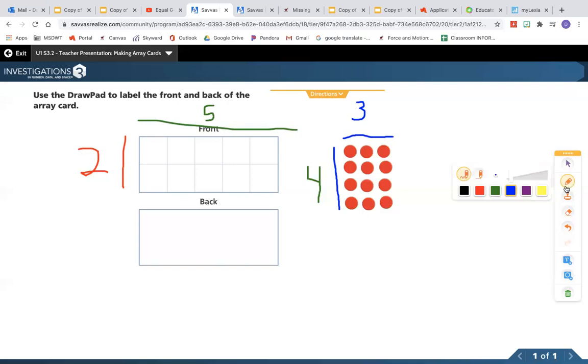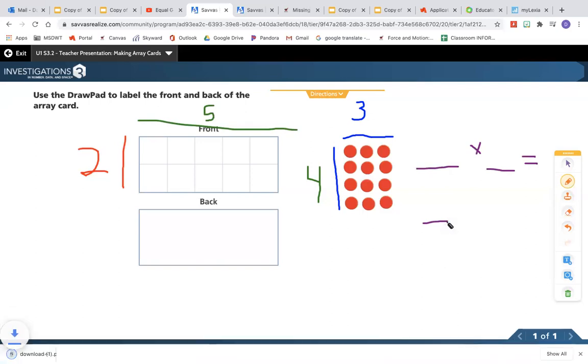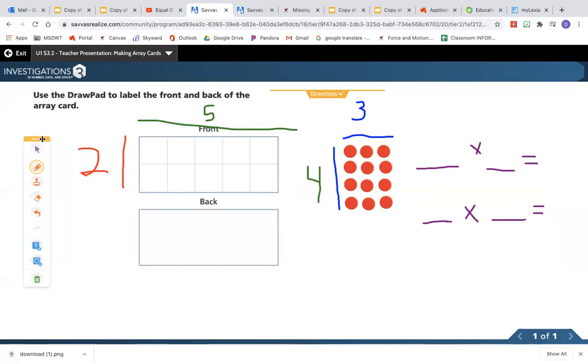So go ahead, and I want you not only to send me one equation, I want you to send me both equations. What are the 2 equations that I could have here? Blank times what? Go ahead and send me both of those.